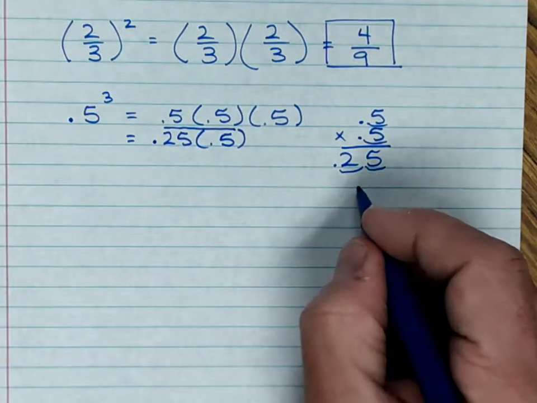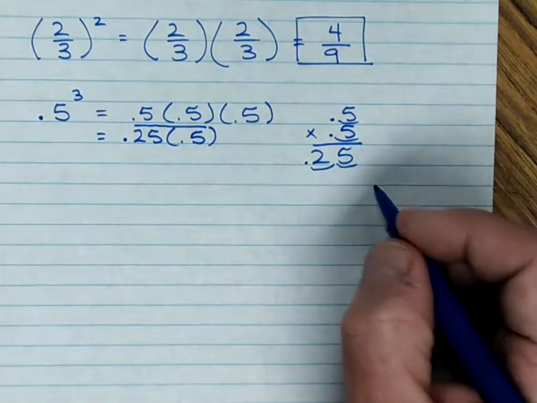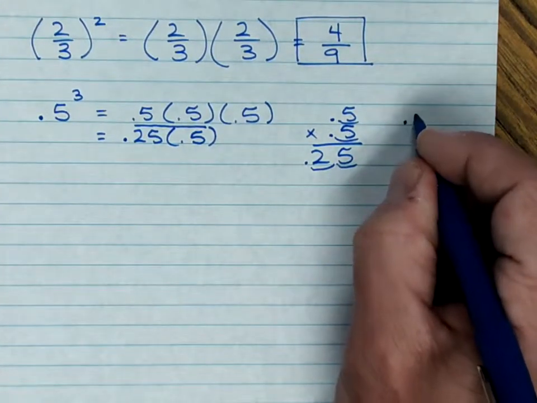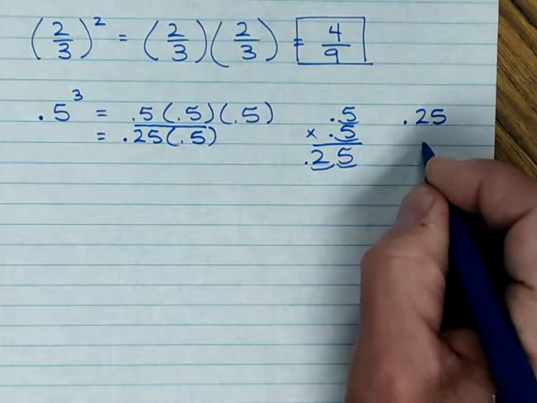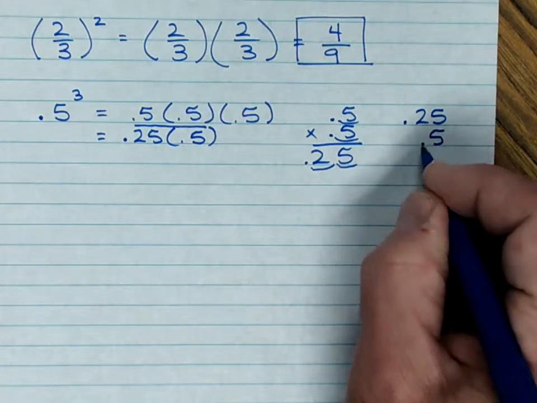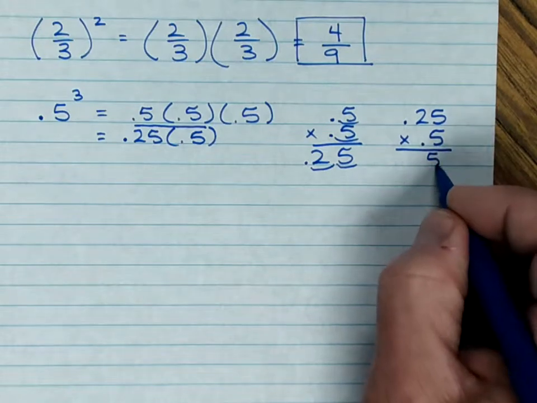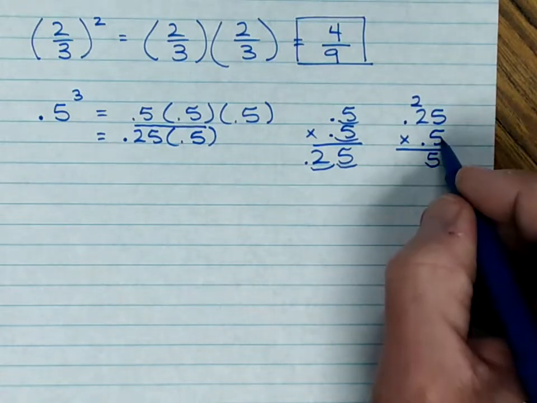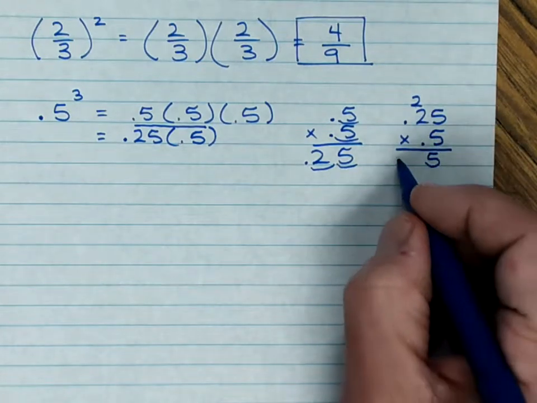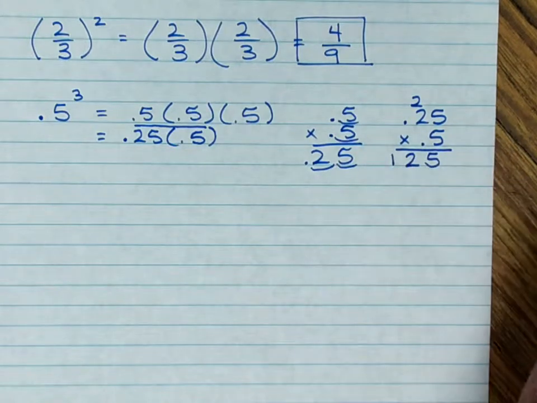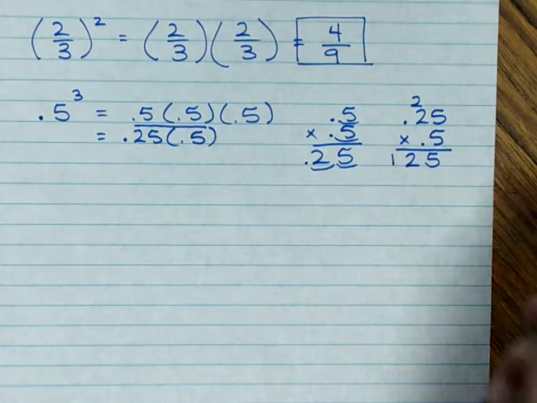So we're going to have to do this one more time. Let's scoot this over. So now I'm going to write the 25 hundredths here. I'm going to put the 5 tenths underneath it. We're going to multiply. 5 times 5 is 25. Carry that 2. 5 times 2 is 10. Plus 2 is 12. So 1, 2, 5. Right across the bottom.